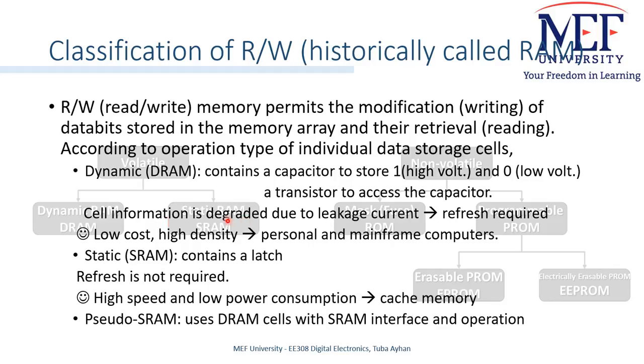Cell information is degraded mostly due to junction leakage current at the storage node. So, the cell data must be read and rewritten periodically. This procedure is called refreshing.